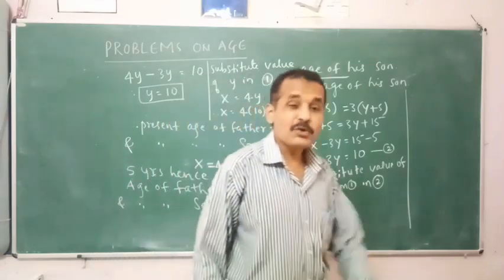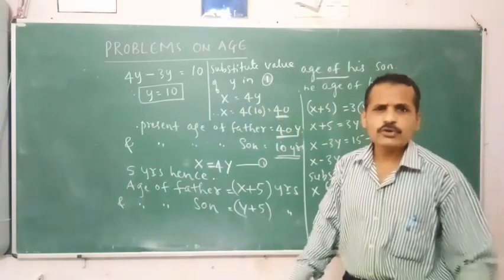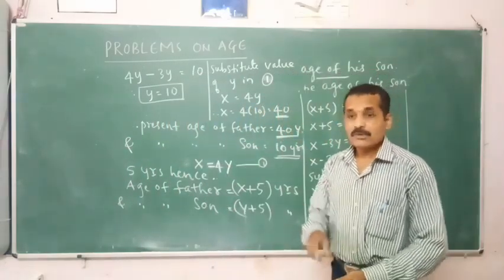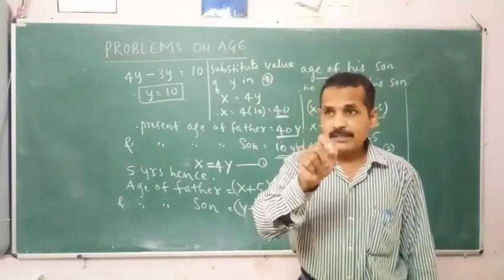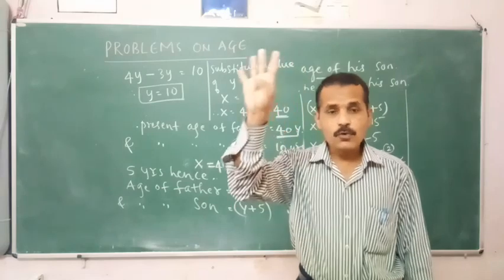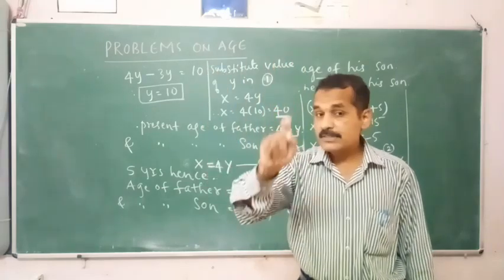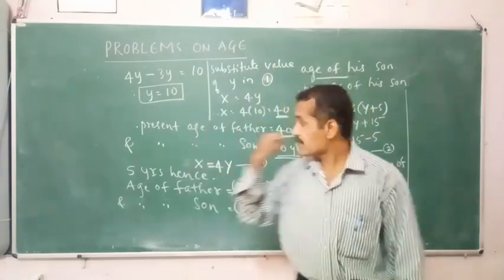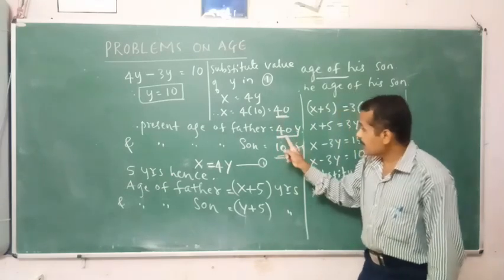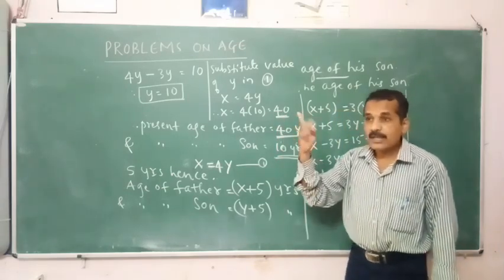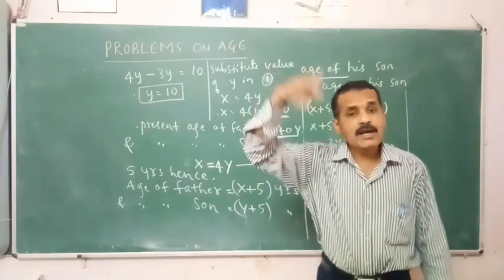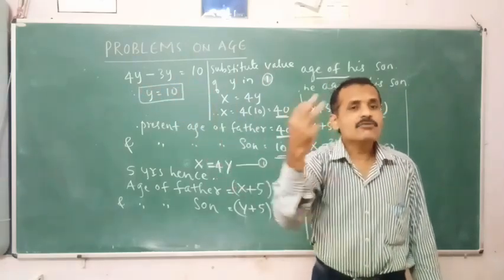Suppose you want to verify your answer, whether I am correct or not. It is very simple. See, they have given two conditions in the problem. At present, father is 4 times. At present, father is 40, 10 4s are 40. Is 4 times. And they say after 5 years, father will be 3 times.